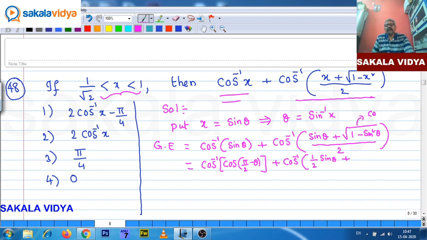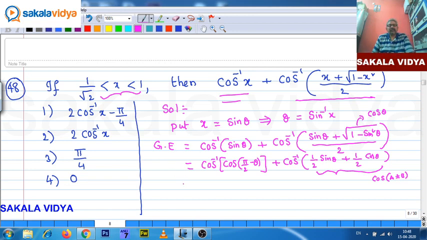This is a basic trigonometric identity. So this we can write 1 by 2 into cos theta. As we have cos inverse, this should be expressed in the form of cos(a plus or minus b), that means cos a cos b plus sin a sin b.